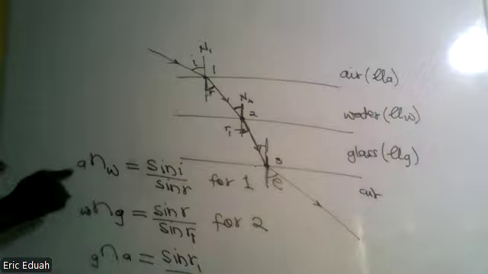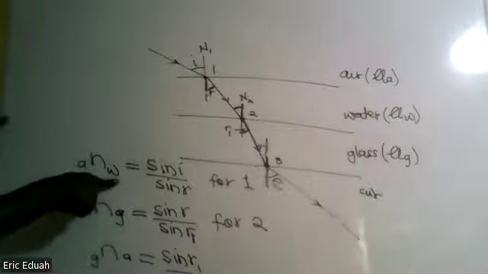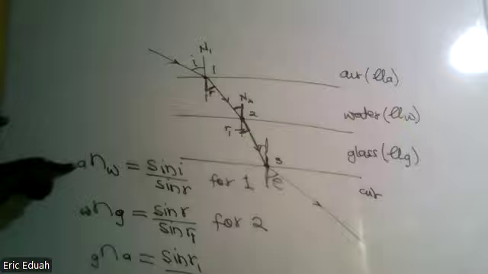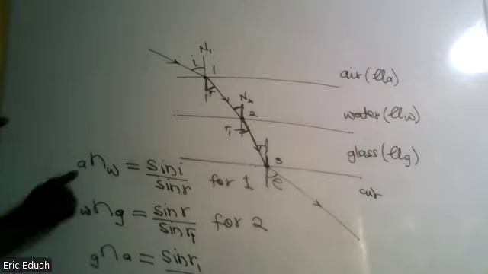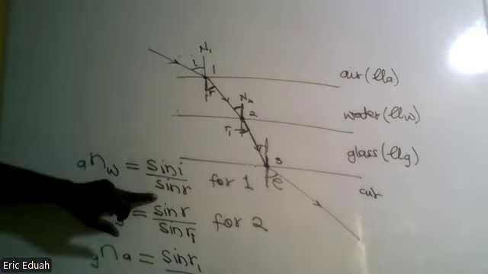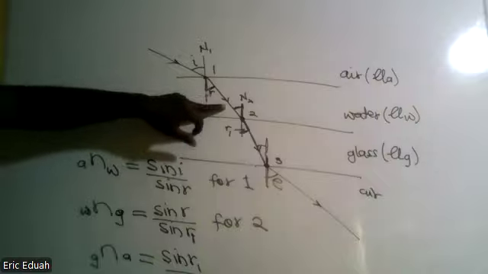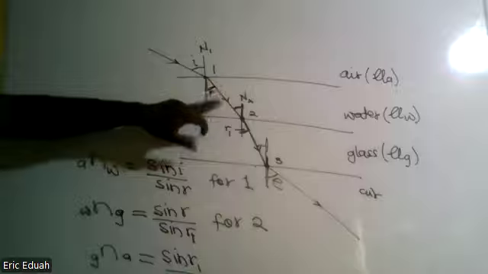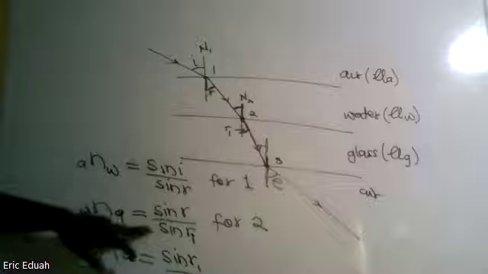Or refractive index from air to water. So either we describe it as refractive index of the second one through the first one, or with respect to the first one, or refractive index from air to water. So air to water, or water with respect to air, is sine I over sine R. Then glass with respect to water, or from water to glass, the refractive index is sine R over sine R1.